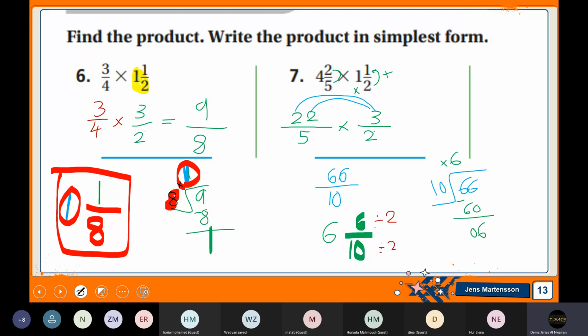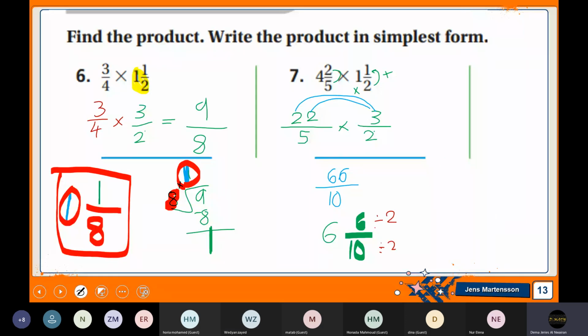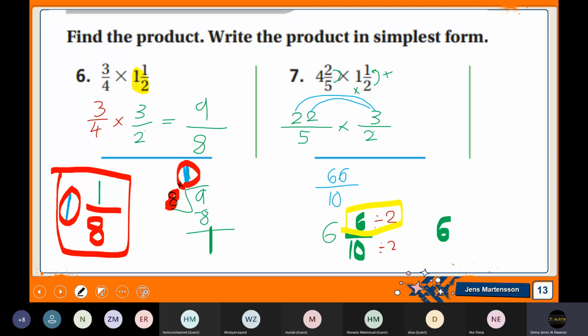Now, Widyan, what is the number that you multiply by 2 to get 6? It's 3. What is the number that you multiply by 2 to get 10? 5. Good job. So the answer is 6 and 3 over 5.